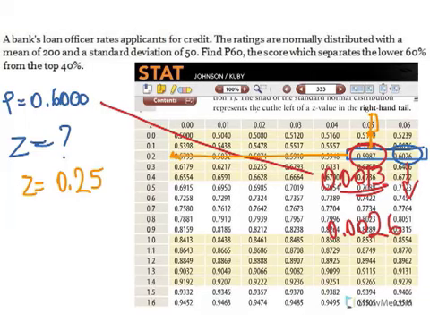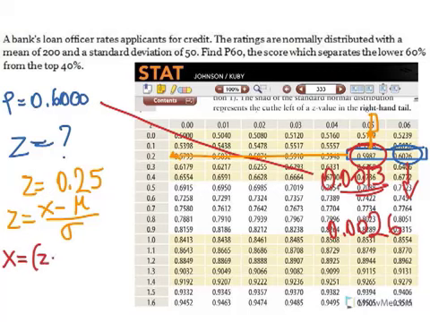That's great. So what we need to do here is to plug in the numbers. So if z equals x minus mu over standard deviation, we can change this formula so that it looks like this: x equals z times standard deviation plus mu.